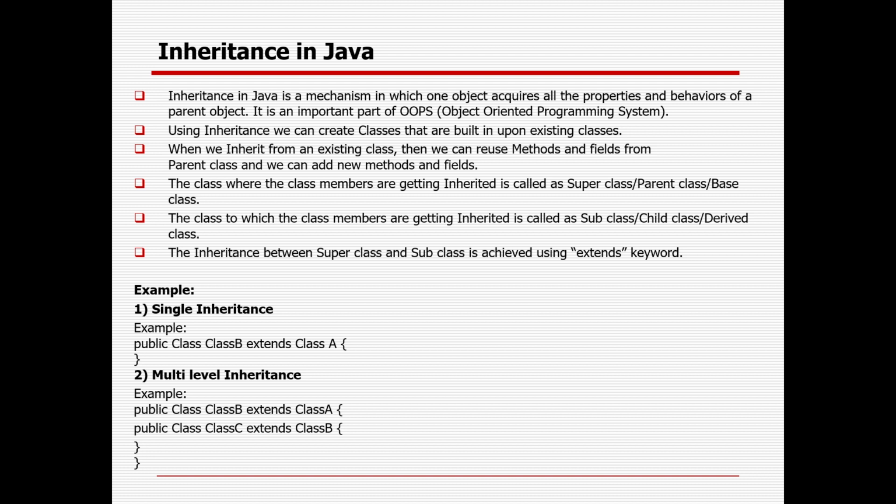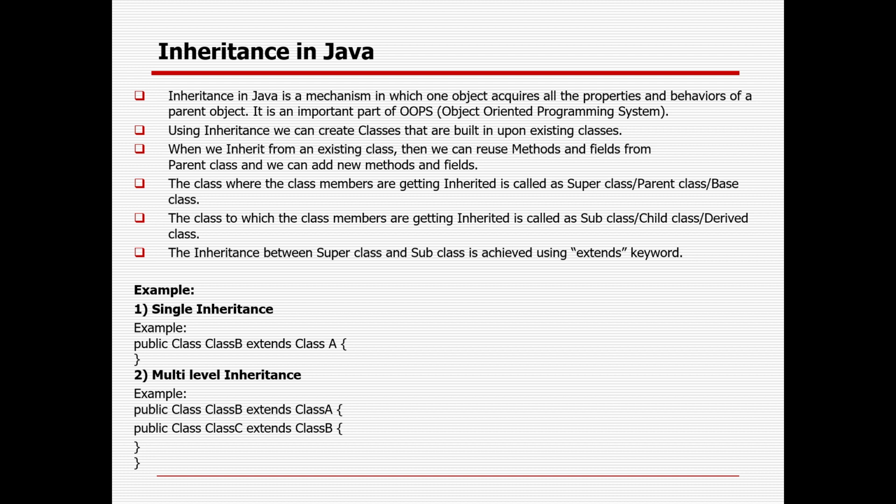But here only some of the properties come, not all. In Java, when we establish the inheritance relationship, all the methods, all the public fields, all the variables, we can use in the child class as well. So in Java, single inheritance is possible, from one class to another class, as well as multi-level inheritance, from grandparent to parent to child.